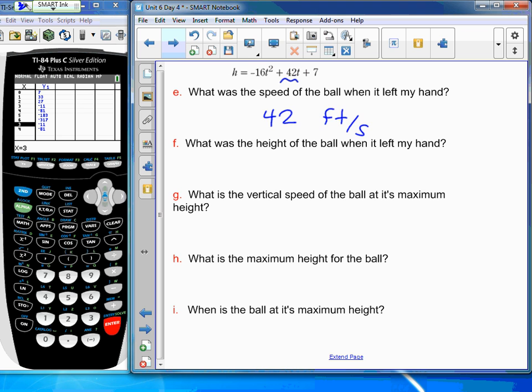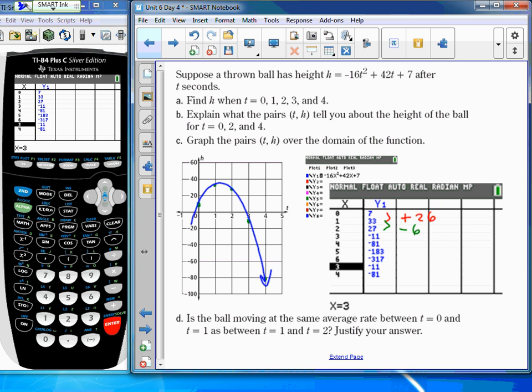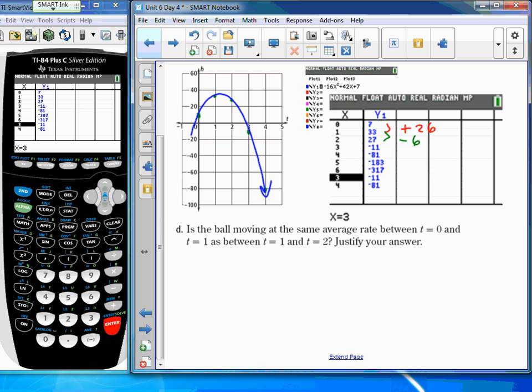I think I better add that on our last one. I didn't add. Our average rate of change was 26 feet per second versus -6 feet per second.